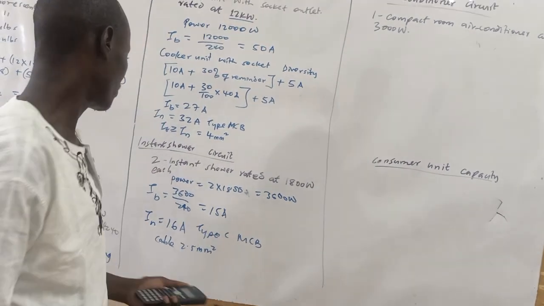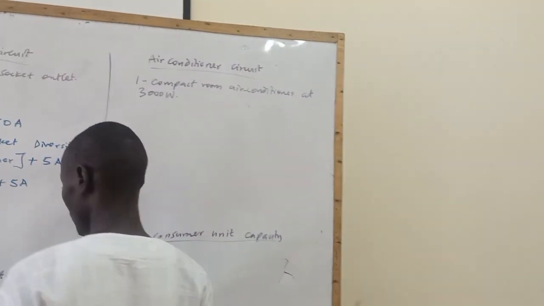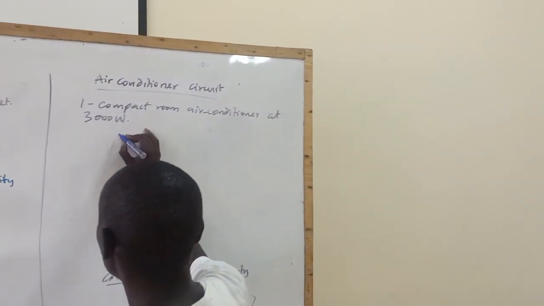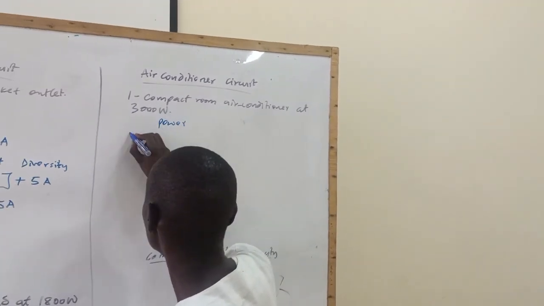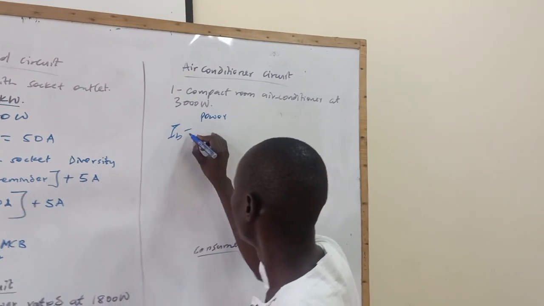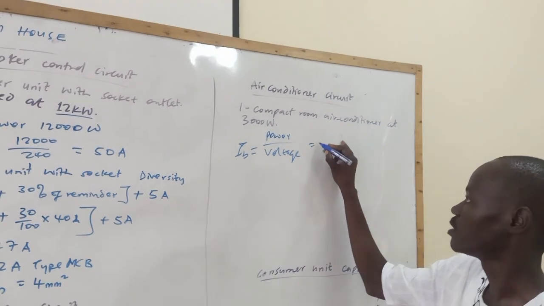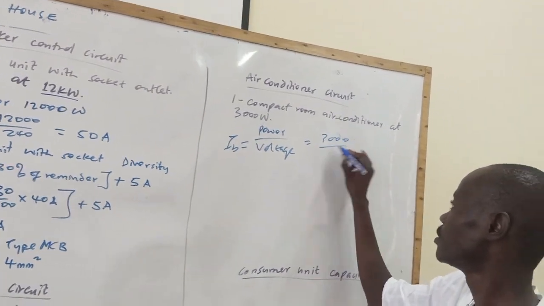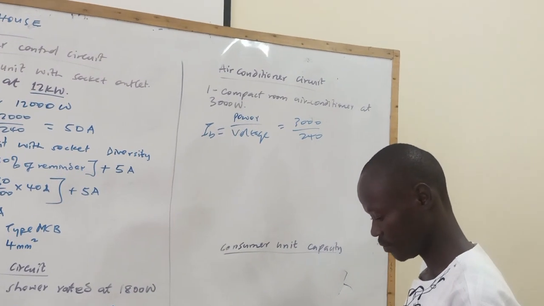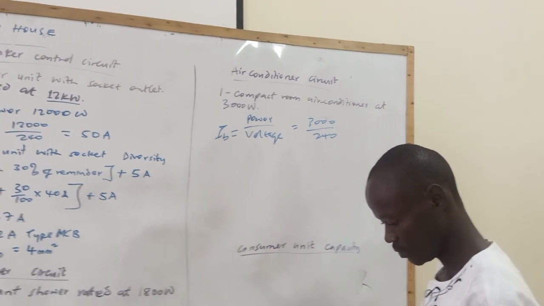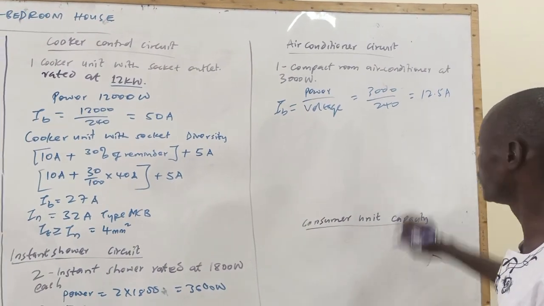So in that case, I proceed with it. Now when we go to the air conditioner on the other end, which is also similar, the same applies here. So the air conditioner power is 300, so IB, or the design current, will be 3000 over 240, and in that case 12.5 ampere.